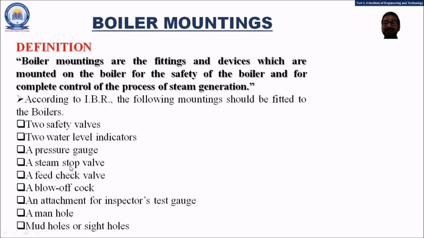So these are the different mountings in their specified numbers, which must be compulsorily mounted on the steam boilers according to the guidelines provided by the Indian Boiler Regulation, that is IBR. So let us now proceed further and understand the different boiler mountings in detail.